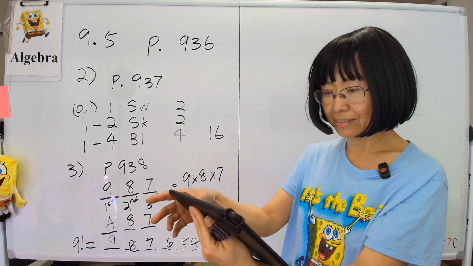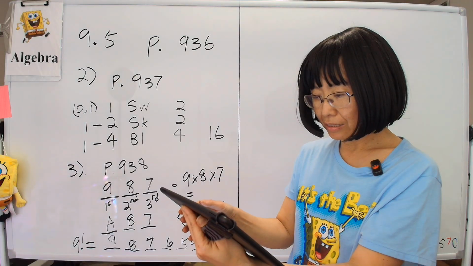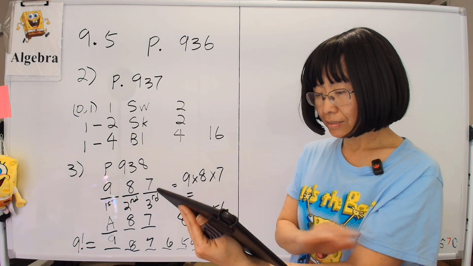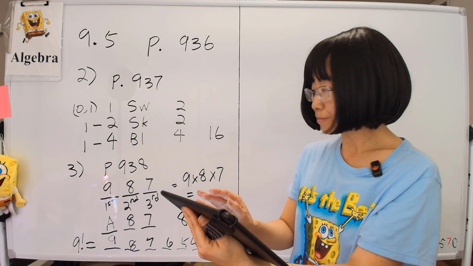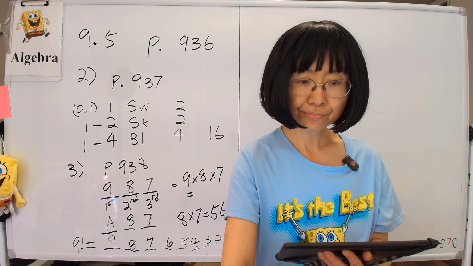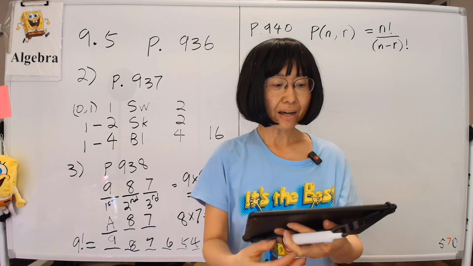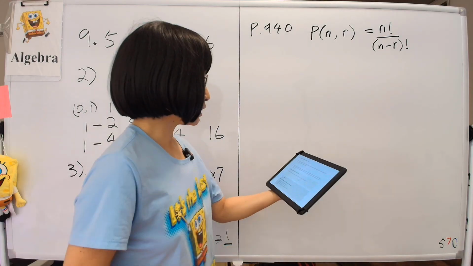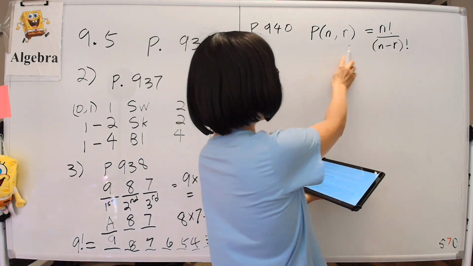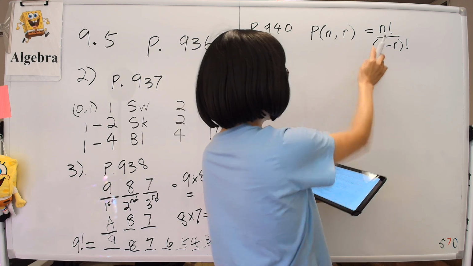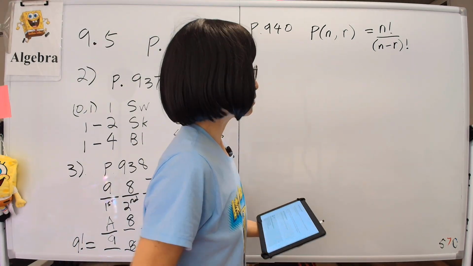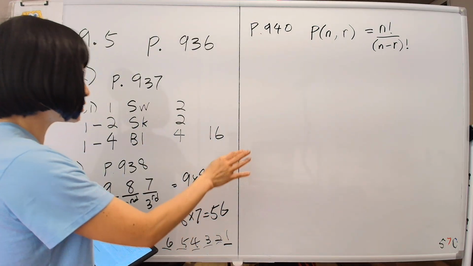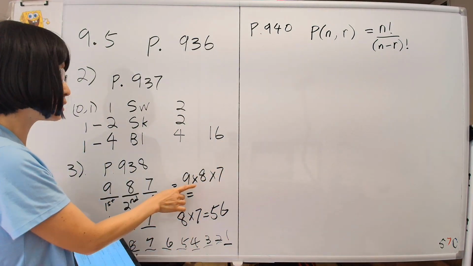So that is that. And then in general, there is a formula for it. Let's look at the following page. On page 940, there's a formula that reads P(n,r) equals n factorial over n minus r factorial. That might look cryptic, but it's just another way of saying what we just did.